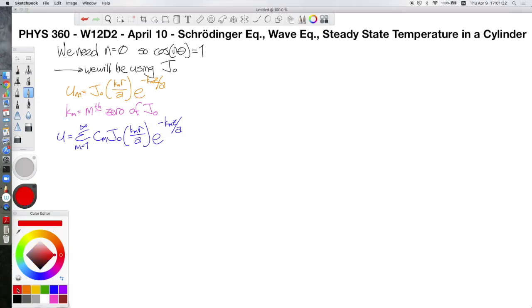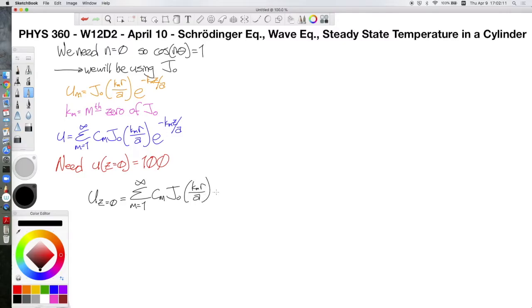And we need this to evaluate to 100 at every point along the base of the cylinder, meaning everywhere where z equals 0. So writing out what this means in terms of our equation, we need u evaluated at z equals 0, which is the sum from m equals 1 to infinity of c sub m times J naught of k sub m times r over a, to equal 100 for every point along our base.